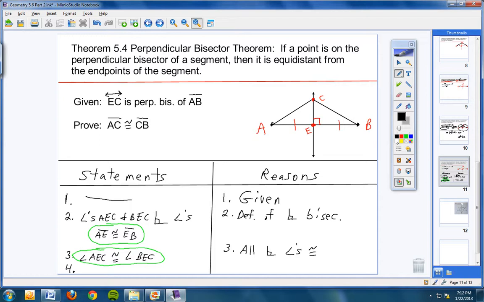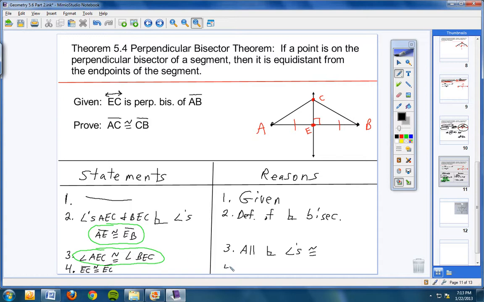We've stated, let me get out my green marker here, this is congruent to this. We've stated this angle is congruent to this angle. The only thing left is to state EC is congruent to EC, right? That's what we have to do here. So let's go ahead and state that EC is congruent to EC.